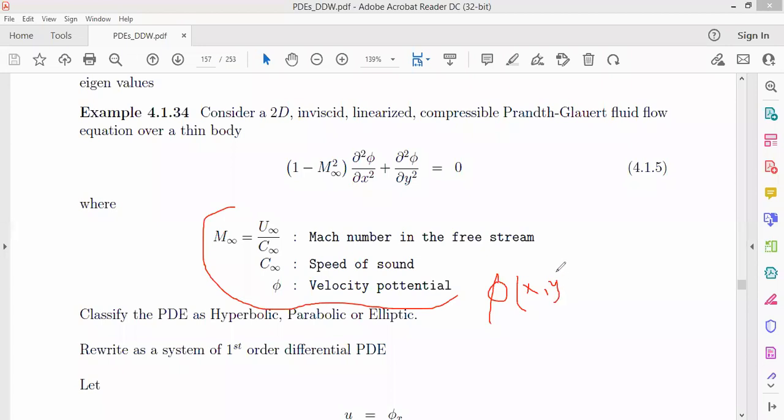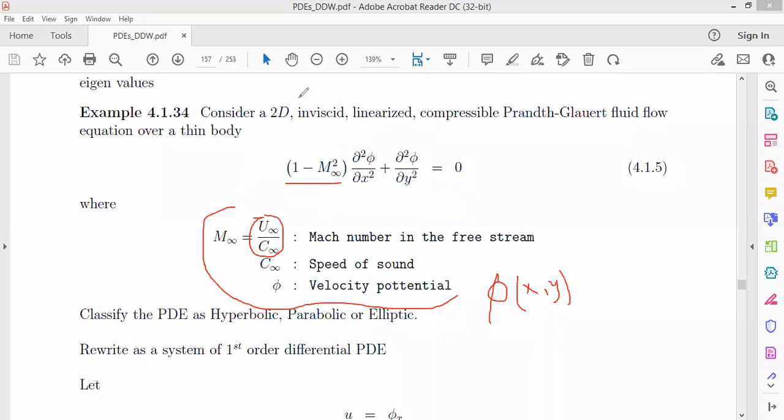So here you can easily know which one is independent and dependent, and it has this parameter here, which is M infinity, and we are saying this M infinity is derived from this quotient, which is what is called the Mach number in a free stream, with c infinity being the speed of sound, and you have the velocity, but we know that this will depend on x and y.